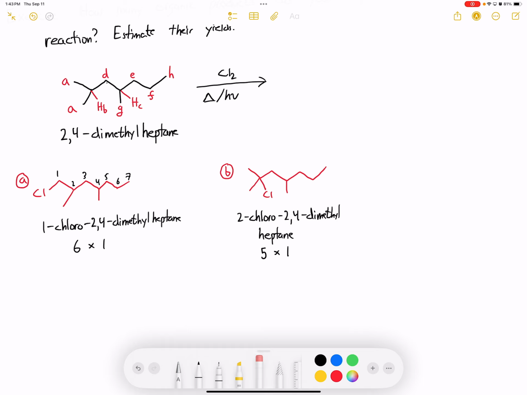Actually, no, let's not write it that way. My bad, erase that. So I have 1 hydrogen, and the relative rate for tertiary is 5. So I'm going to put 5 there. Sorry, I had it there the first time. So this here is the number of hydrogens, times the relative rate, which is this guy. So that's the relative rate, and 6 is the number of hydrogens that can react. Okay, so let's go to letter C.